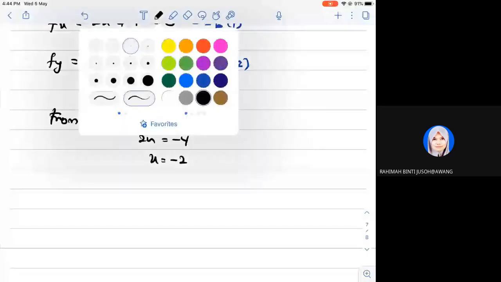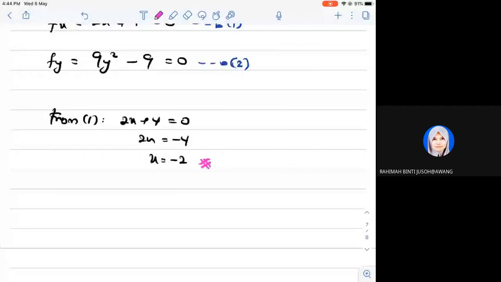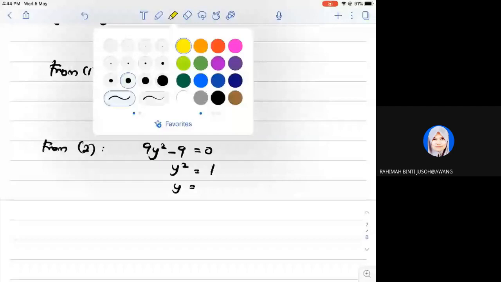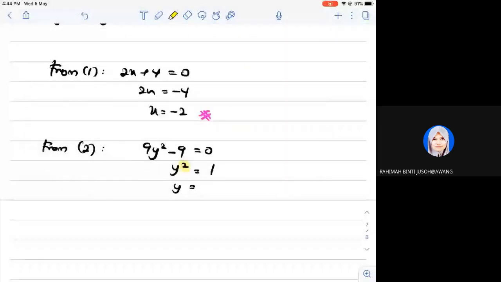And then from 2, 9y squared minus 9 equate this with 0. So y kuasa 2 sama dengan 1 kan. So y equals to plus minus 1. Guys, kalau power kita nombor genap, ni y kuasa 2 misal kata ni, 2 nombor genap even number.